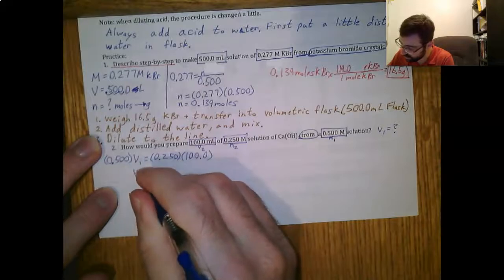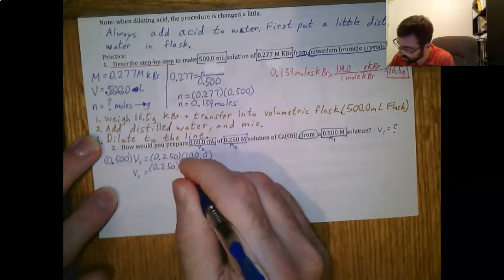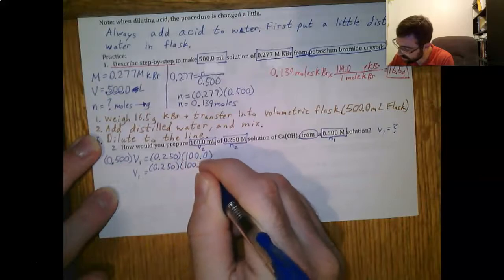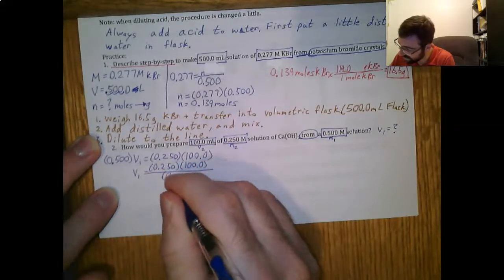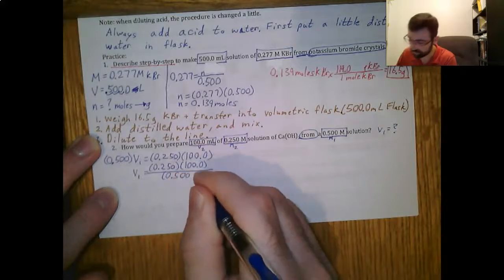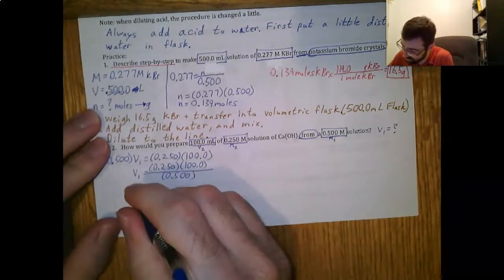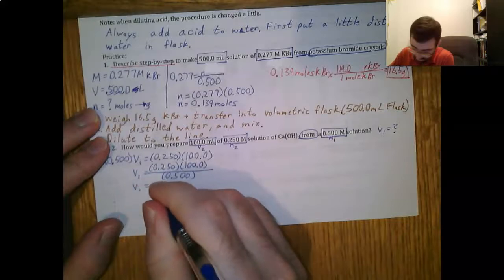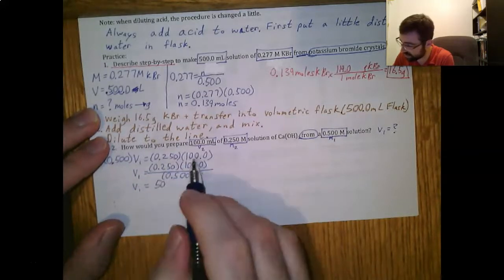So V1 equals 0.250 times 100.0 divided by 0.500. All right, you put that in your calculator, you're going to get 50 milliliters. V1 is 50 milliliters, but I want to have 3 sig figs in my answer.